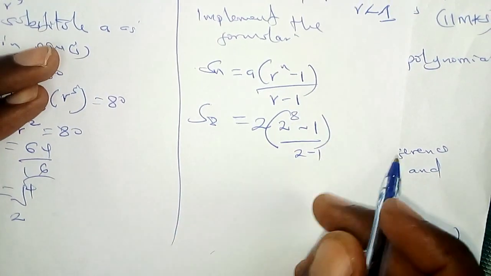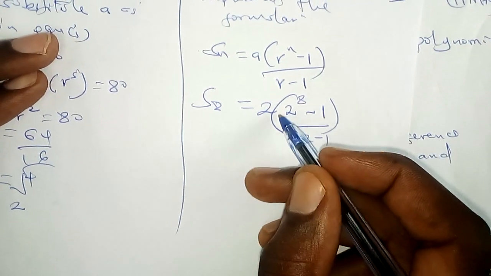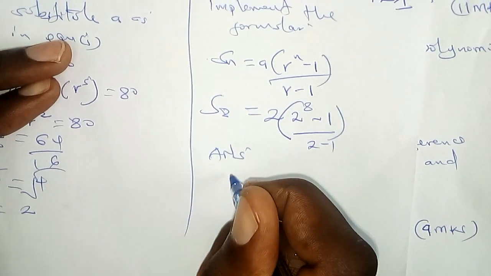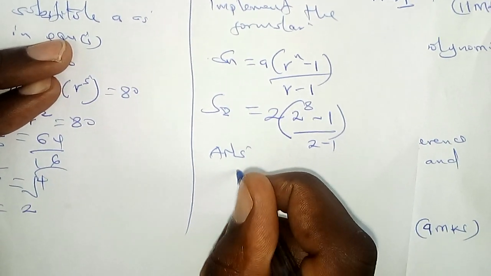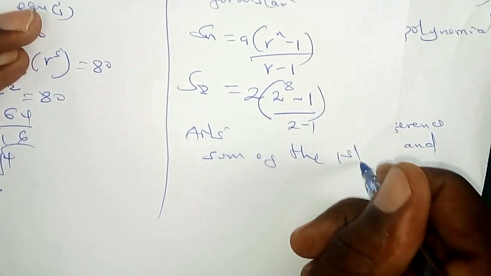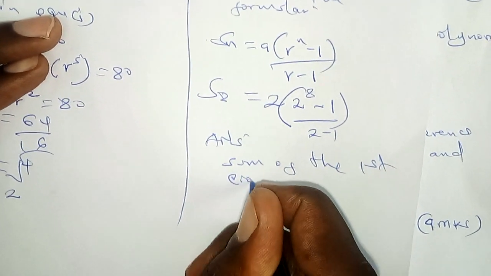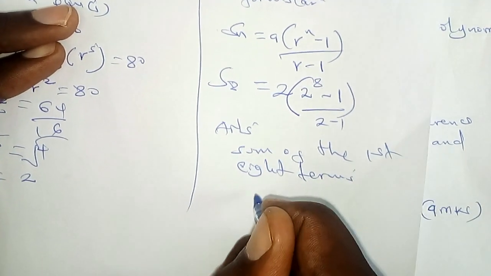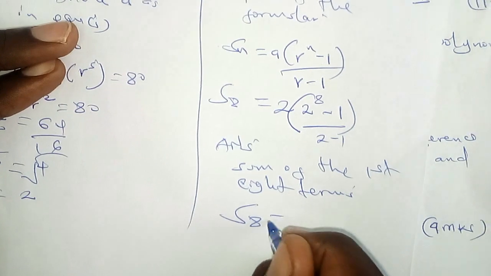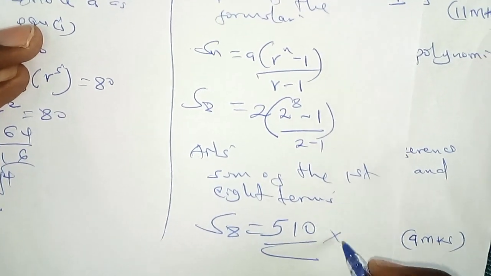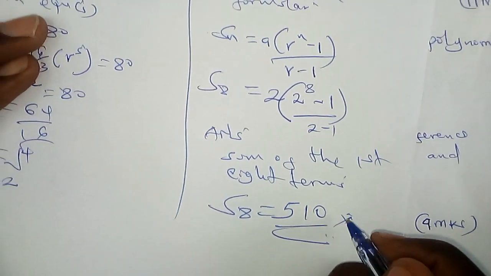Now when you simplify this, you get your answer as the sum of the first 8 terms, S8 is equal to 510, and that is all about that question. This is the answer.